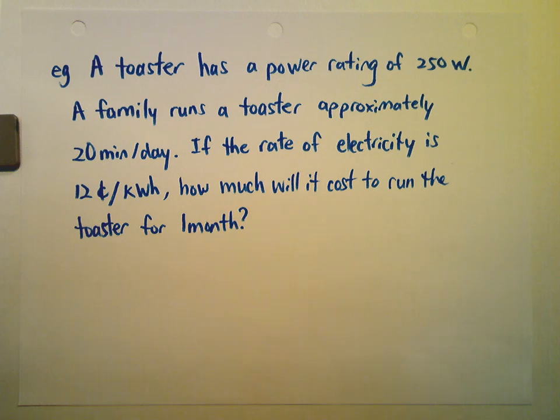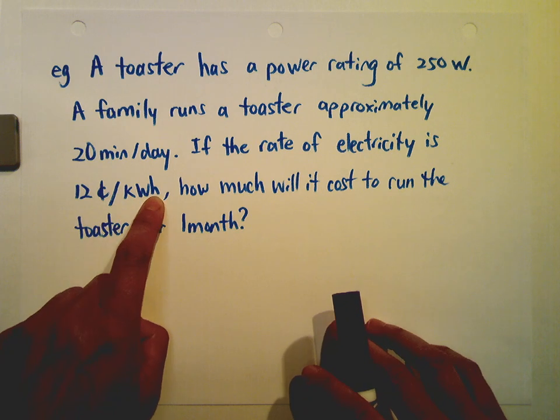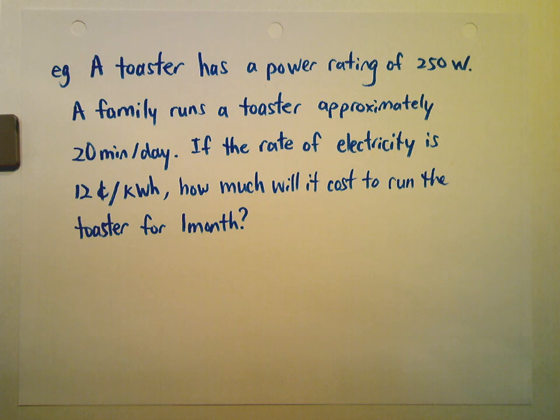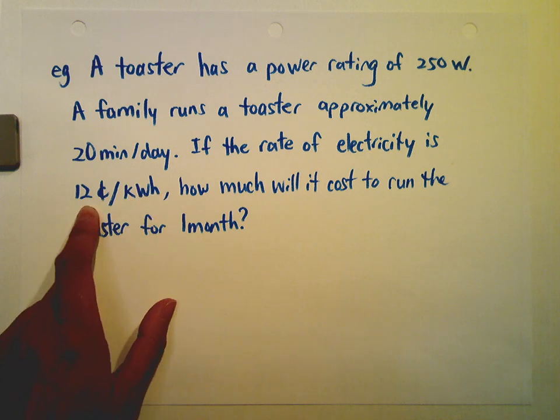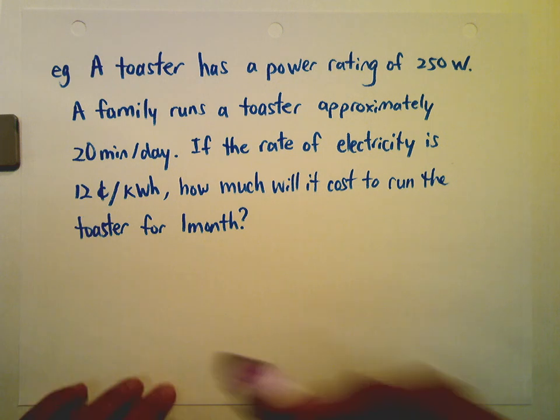We're going to assume 1 month is 30 days. Looking at our rate of electricity, it's measured in kilowatt hours, so we have to calculate how much energy you need in kilowatt hours to get how much it costs. Let's first do that.